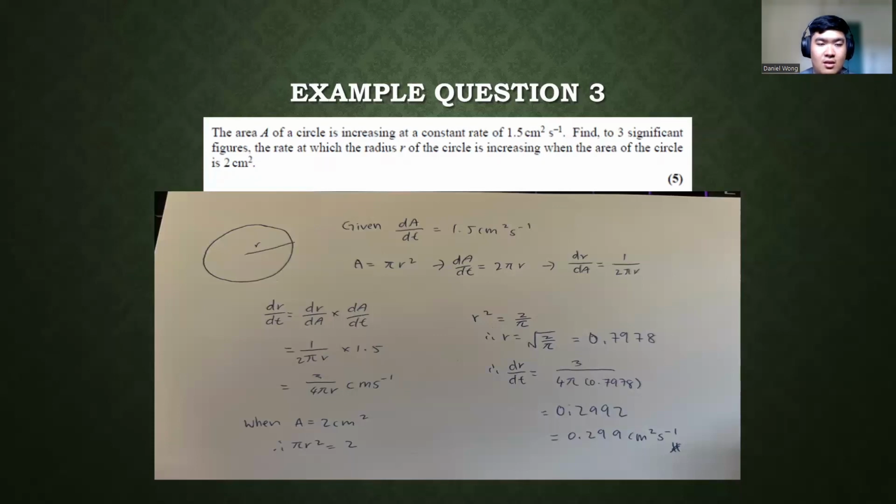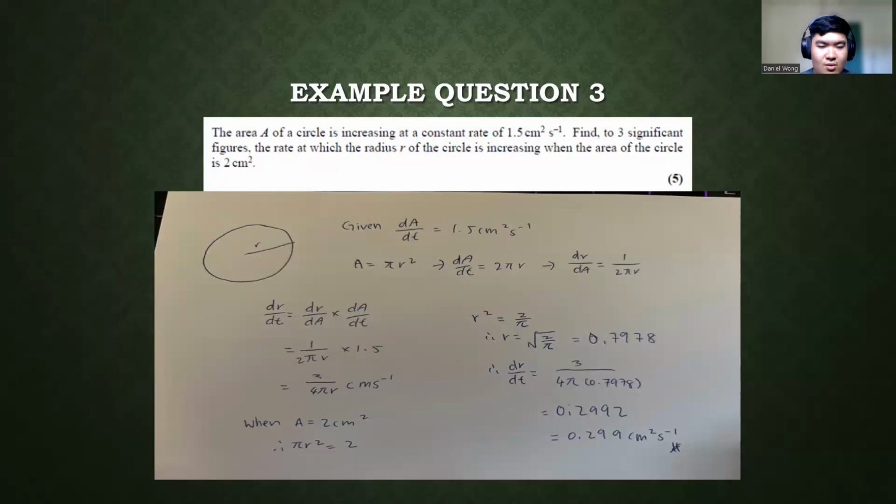So we use the chain rule. dr/dt equals dr/dA times dA/dt. So dr/dA is 1 over 2 pi r times dA/dt, 1.5. So the answer we get is 1.5 over 2 pi r cm s^-1.